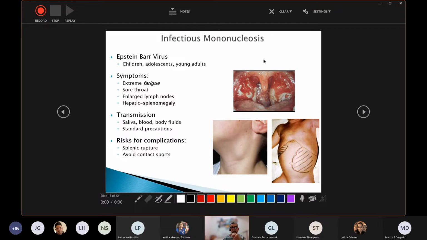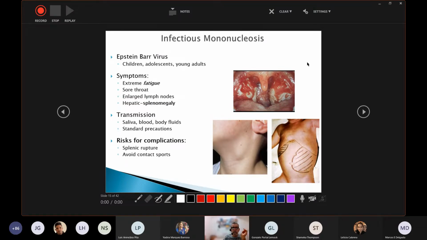Mononucleosis is benign. It affects a child, an adolescent, or a young adult. Fever. A lot of malaise and tiredness. It is an intense fatigue, tiredness, lying down all the time.